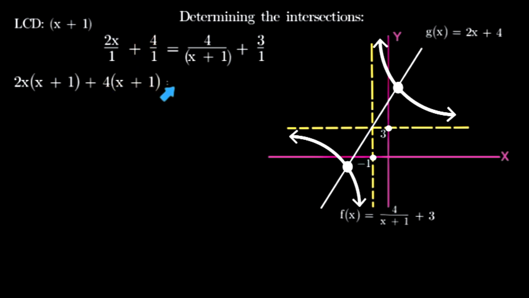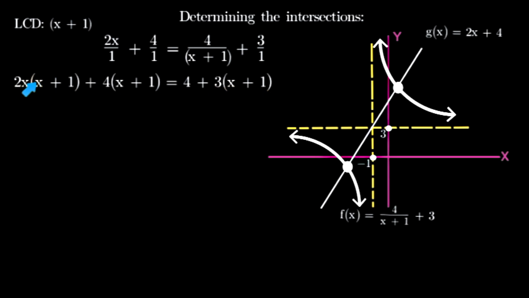And that is equal to, and now we can say x + 1 divided by x + 1 is 1, and 1 times 4 is 4, and then we write this positive sign, and we say x + 1 divided by 1 is x + 1, and x + 1 times 3 can be written as 3 times (x + 1). And now we just got rid of all the fractions.